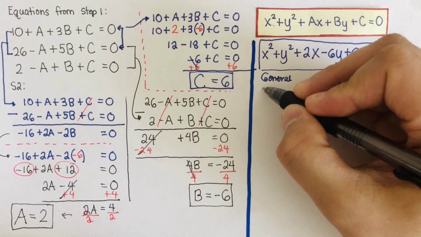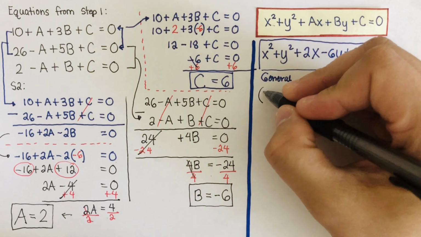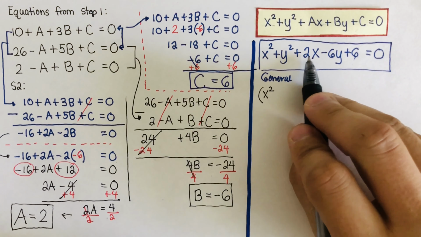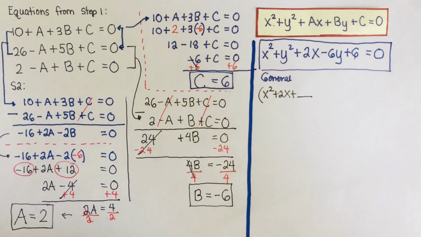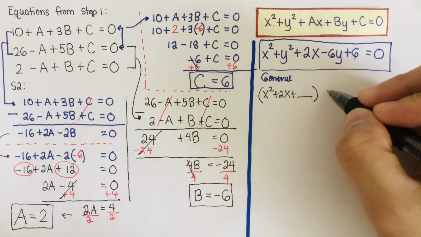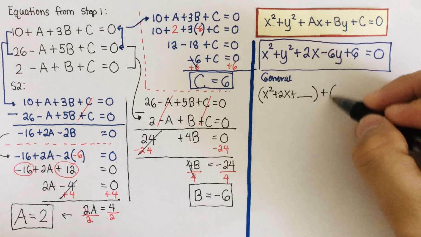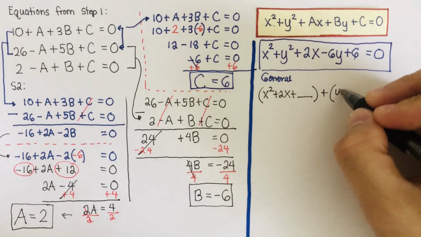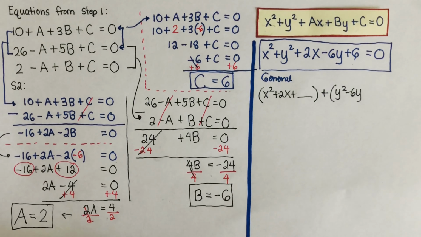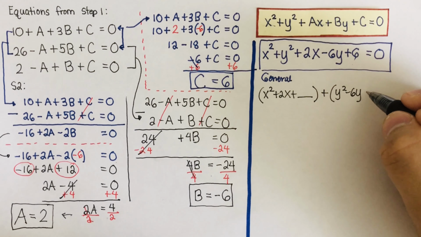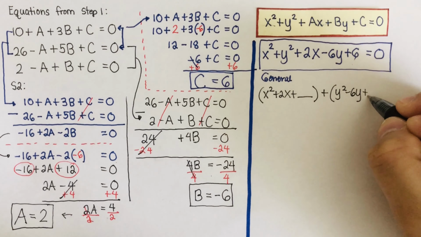So I put the x's in one group here, so that is x squared plus 2x plus blank. Then I group together all the y's, so that is y squared minus 6y, and then we are going to add a blank.